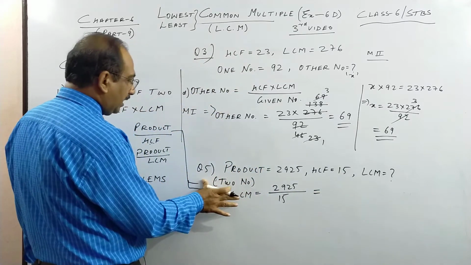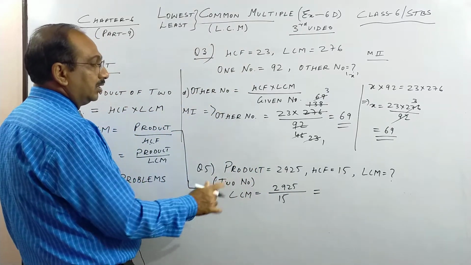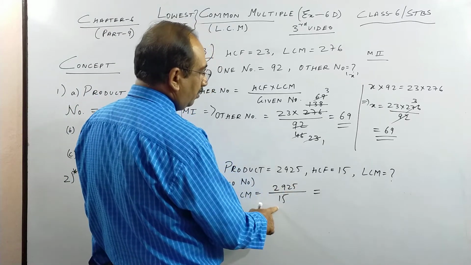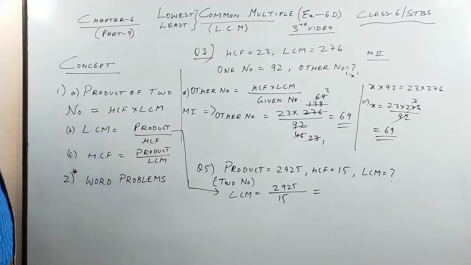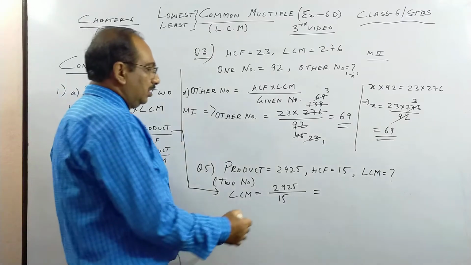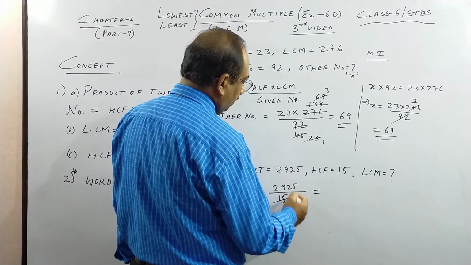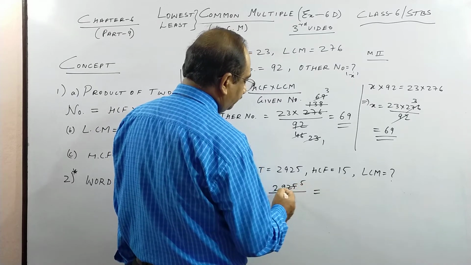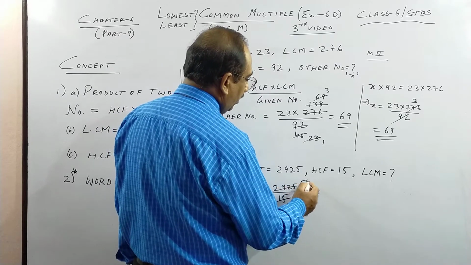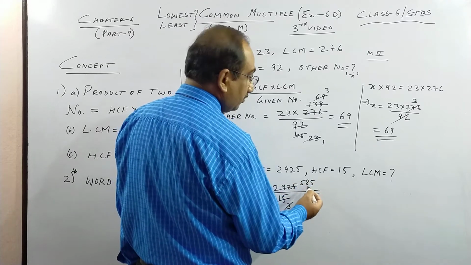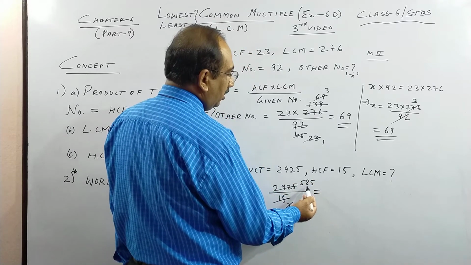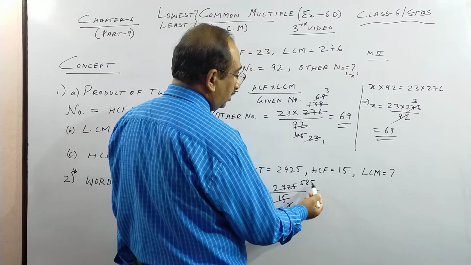So here we have to cancel, children, with 15. So product of two numbers by their HCF will give you the LCM. Okay. So let us cancel by 5. 3 5s are 15, 5 4s are 20. 5 8s are 40, 5 2s are 10. 3, if you cancel, this will go by 3, because 5 and 8, 13 plus 5, 18.